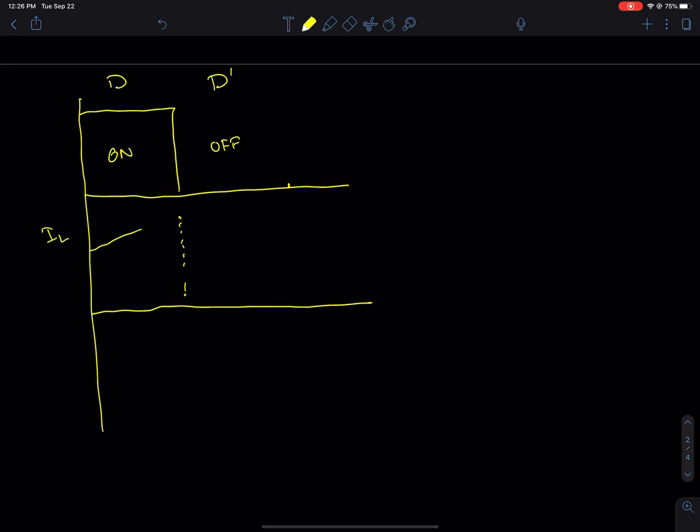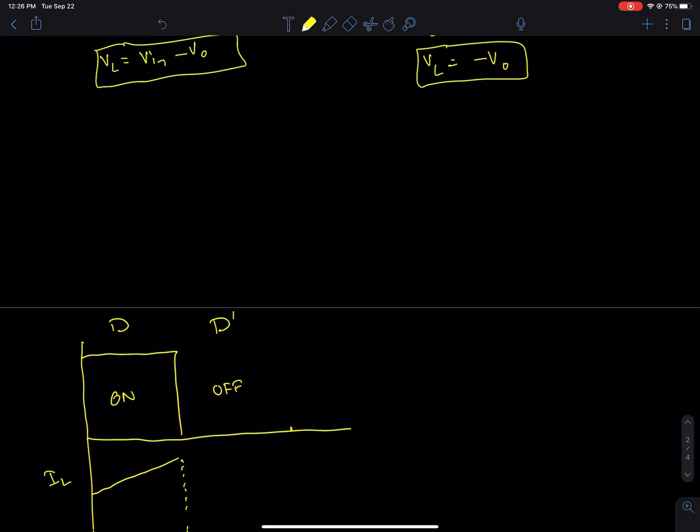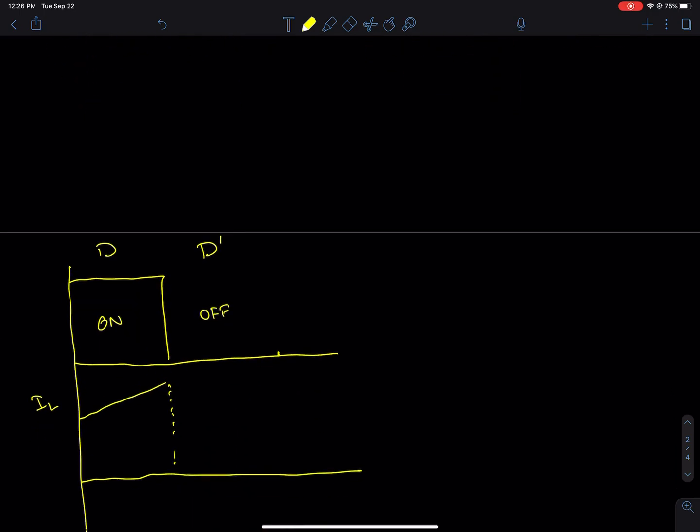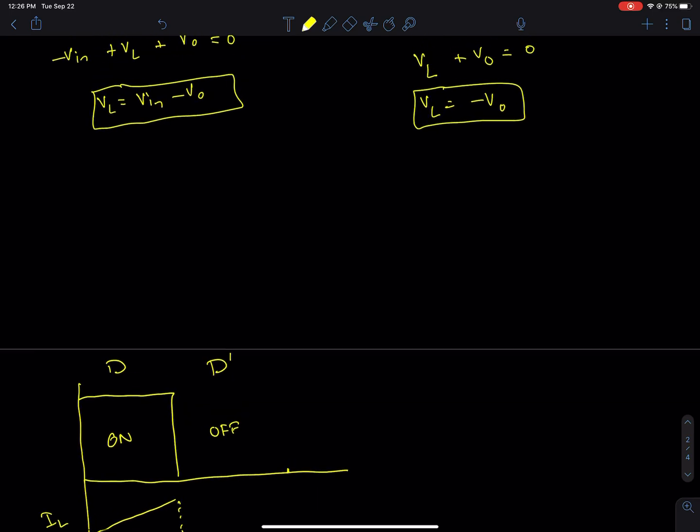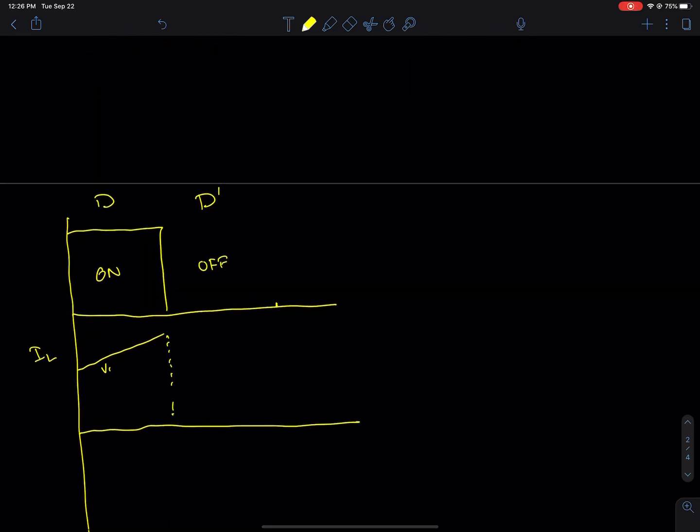Or in this case, the current's ramping up at a rate of what? VL is equal to Vin minus Vout over L, the inductance. In the off phase, we have a decreasing slope of minus Vout over L.